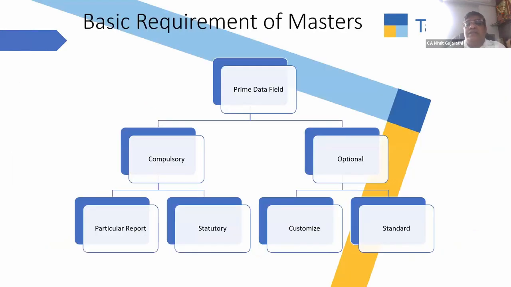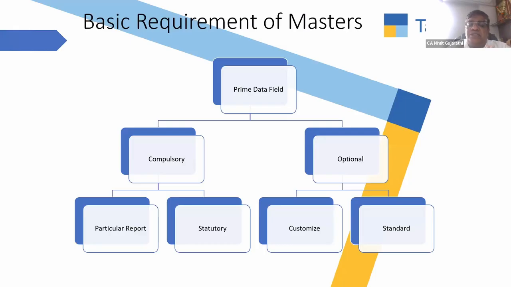Now, what are masters? What is the most important thing in any master? What I am trying to segregate is that every master has its own data fields. If you see any master, there are a lot of data fields. Each data field can be segregated either into a compulsory or essential data field or an optional data field.